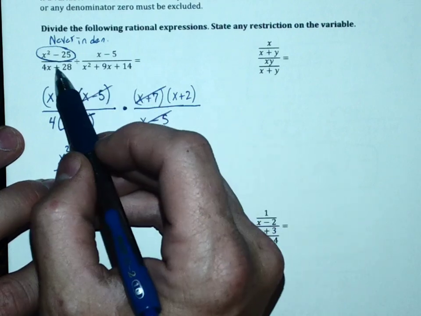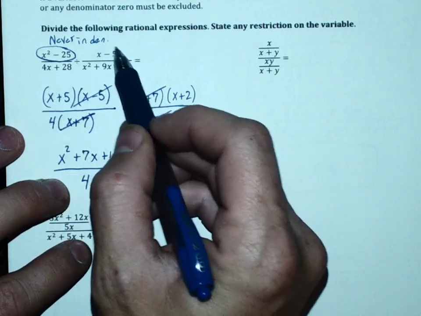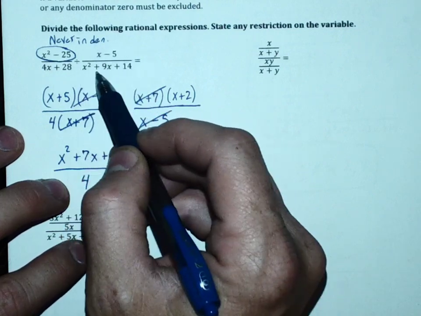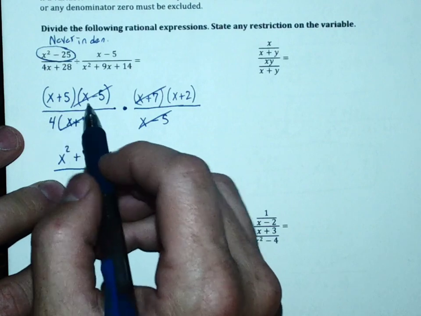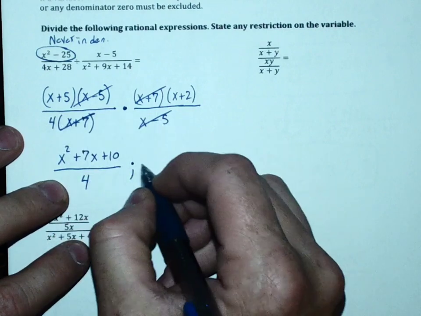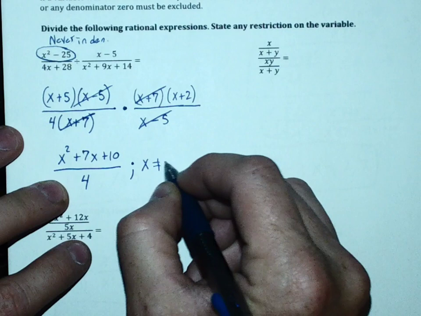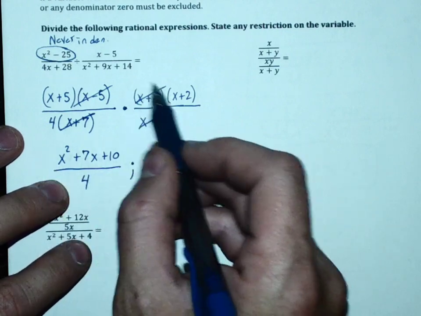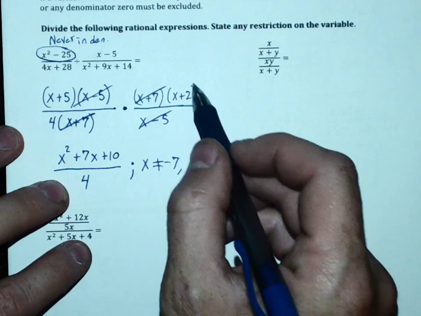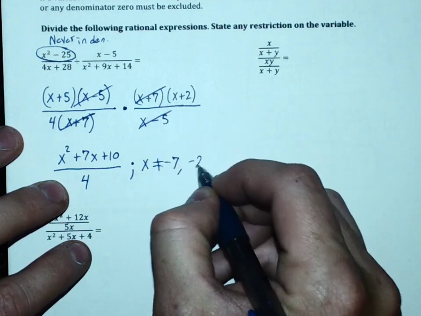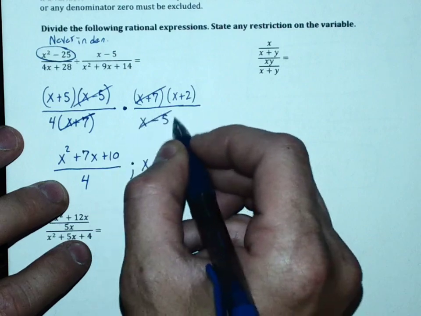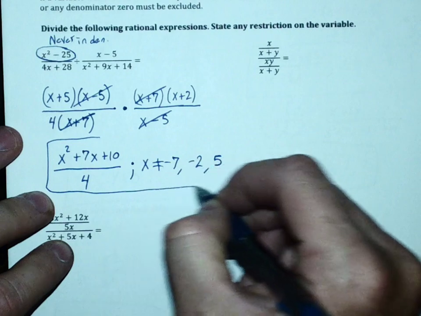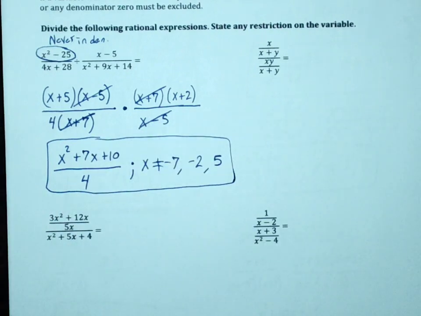So you have to look at what makes this thing 0, what makes this thing 0, and also what makes this one 0. So, negative 7. X cannot equal negative 7, but we already have it. Negative 2. Positive 5. Those are all your restrictions.